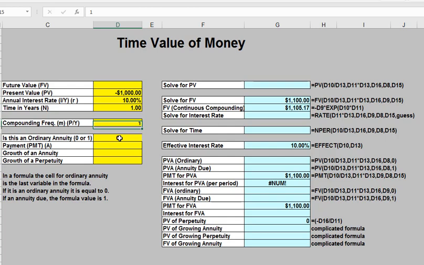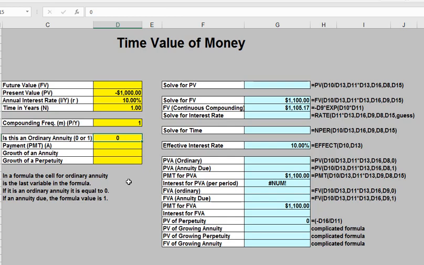But one of the things we always have to remember is that the computer or any financial calculator will calculate the values with the expectation that the cash flows occur at the end of the period. So in this case, we're always going to assume what we refer to as an ordinary annuity, where the cash flow occurs at the end of the time frame.